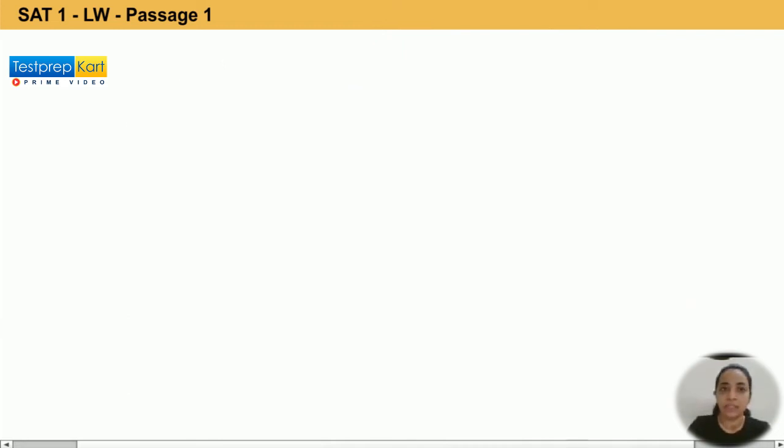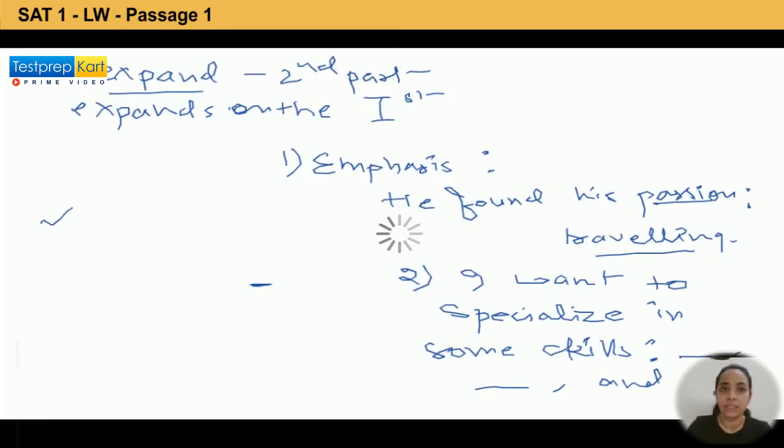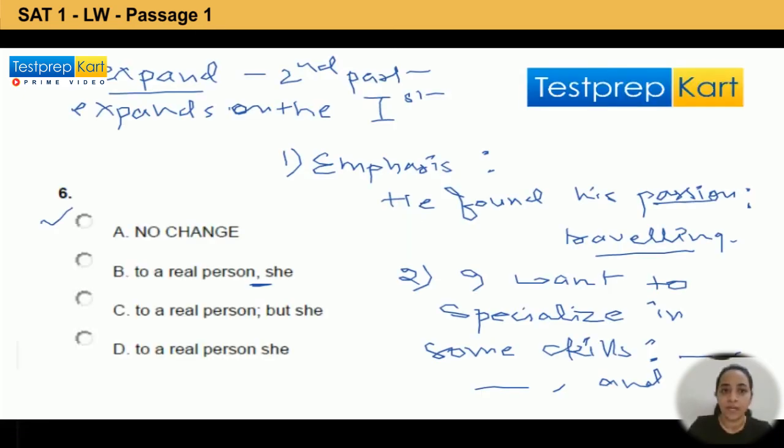That means we are joining two independent clauses, or you can say two sentences, with a comma. The error is called comma splice, which means you are joining two parts with a comma which cannot be joined. We need to either have a semicolon here or a full stop, right? We cannot join two complete sentences with a comma.